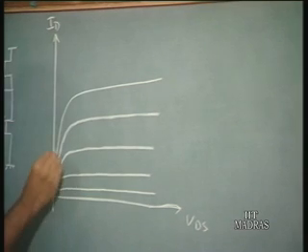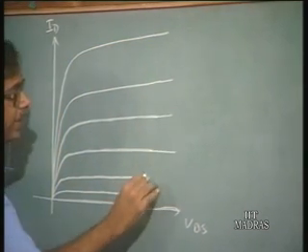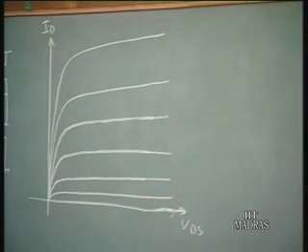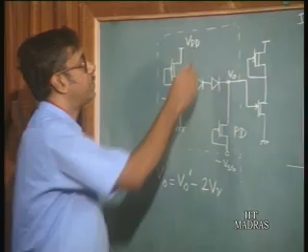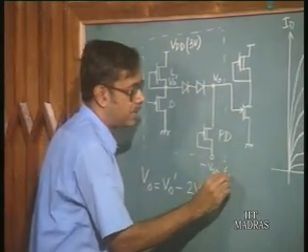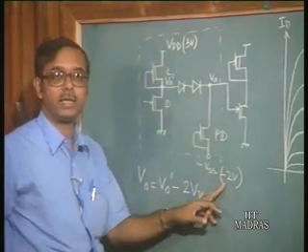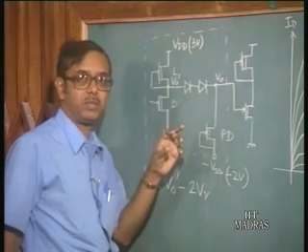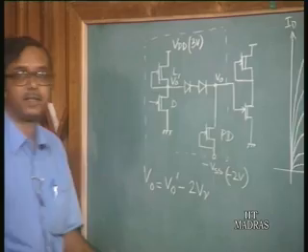Let this be the characteristics of the driver transistor. Before we go ahead, let us fix certain values for this device. Let VDD be equal to 3 volts, and minus VSS be equal to minus 2 volts. So you have a plus 3 volt power supply and a minus 2 volt power supply. All these circuits using only depletion mode devices must have a dual power supply, that is a positive power supply and a negative power supply.